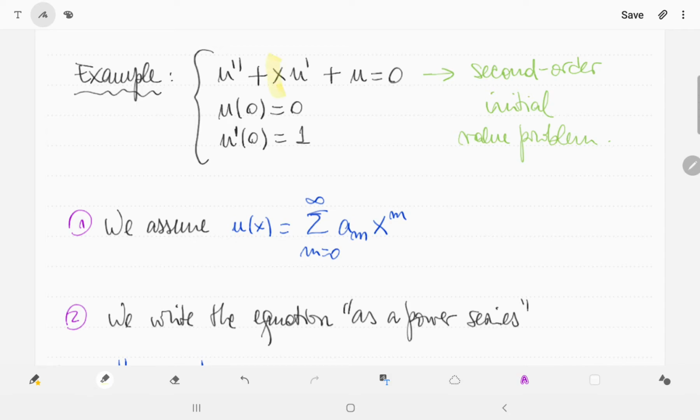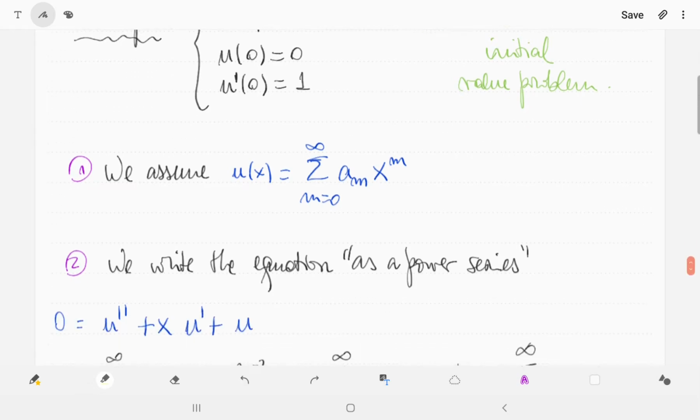So we cannot apply in this equation the method of the characteristic equation, because this is not a constant coefficient equation. The coefficients of the equation are not constant because of that x. But that's why we saw this power series method. So let's try to apply this new method.